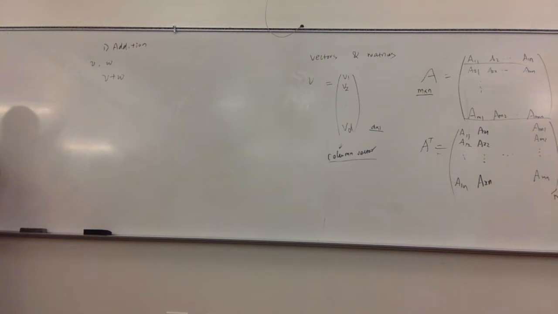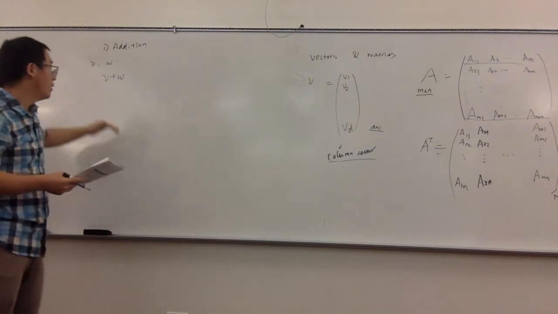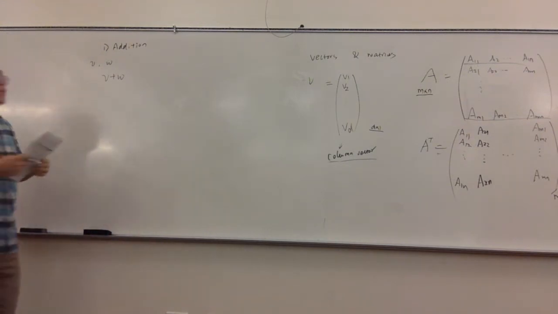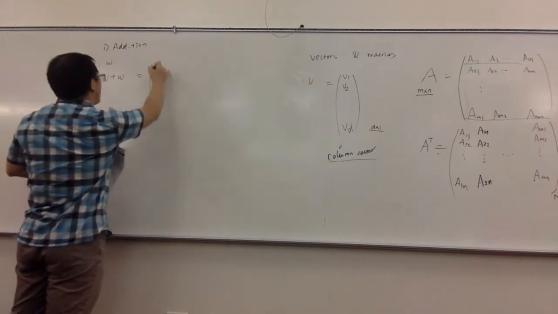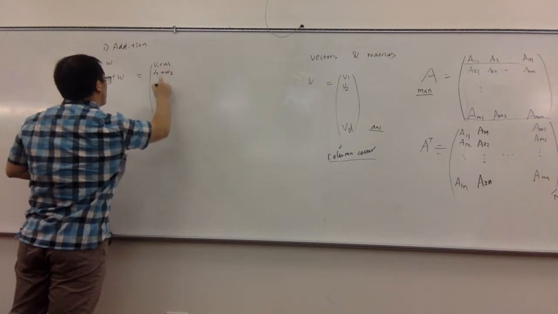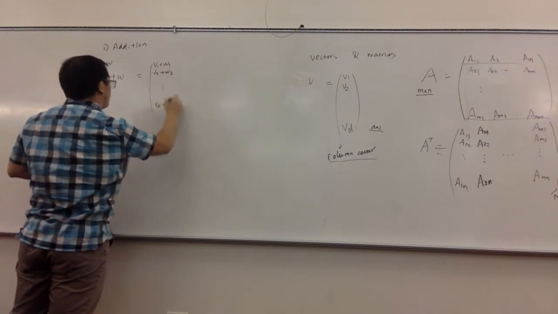It will result in another d-dimensional vector, and each element is the corresponding addition of the two elements in V and W. So it will end up with V1 plus W1, V2 plus W2, and Vd plus Wd.